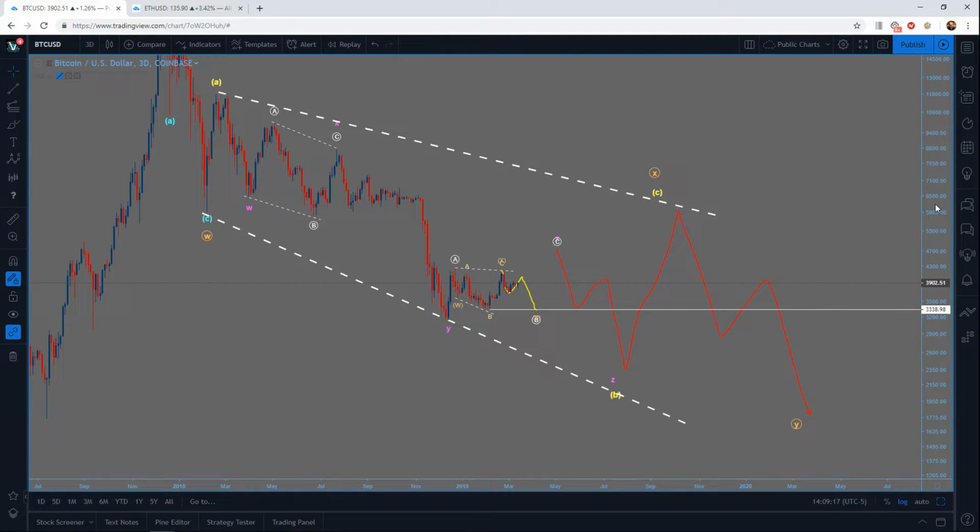And then we still have more downside to come. My primary count gives us 2 more lows. Not next. Next would be a bounce after we take out the 33.38 level.